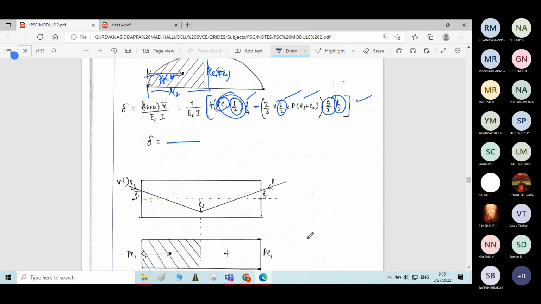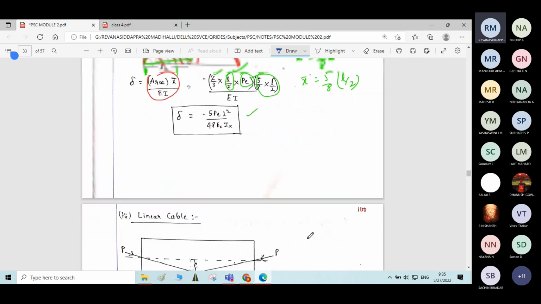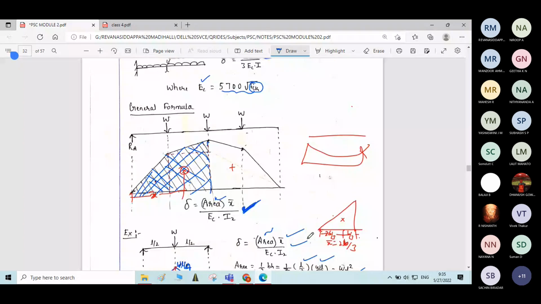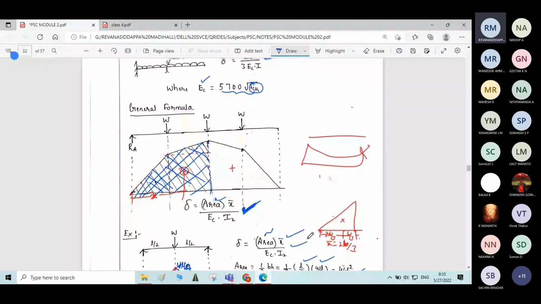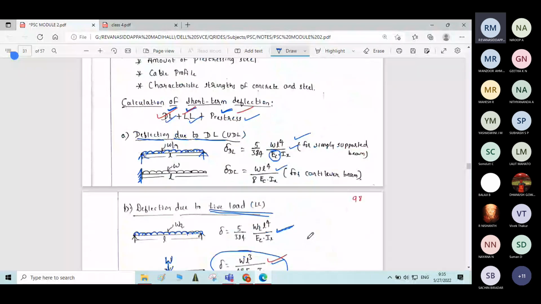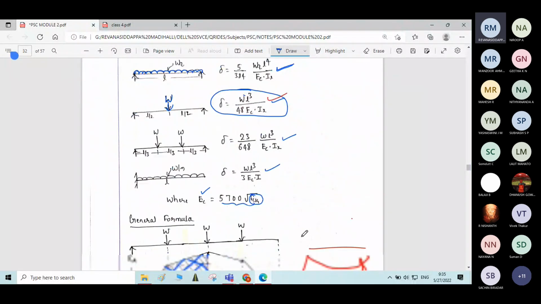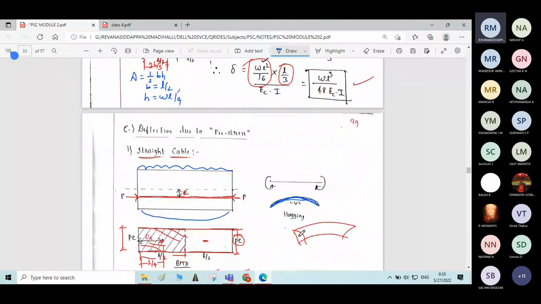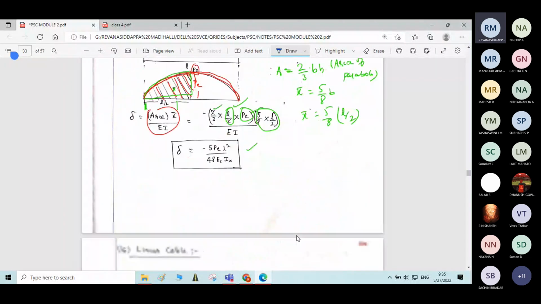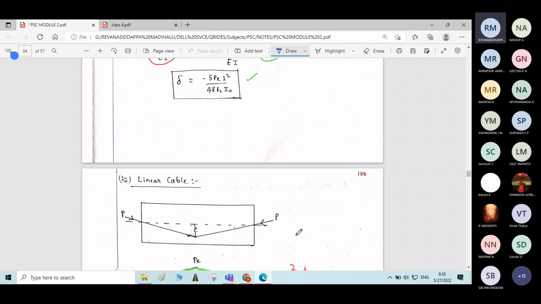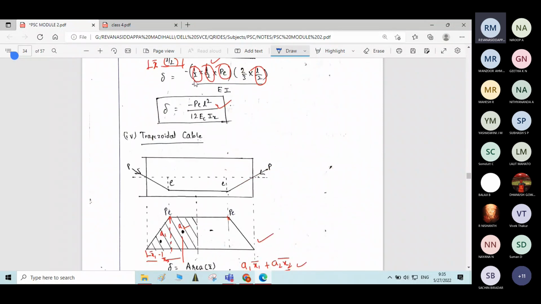So knowing the deflection due to dead load, the deflection due to live load, and the deflection due to prestress, adding all together you will get the short-term deflection.